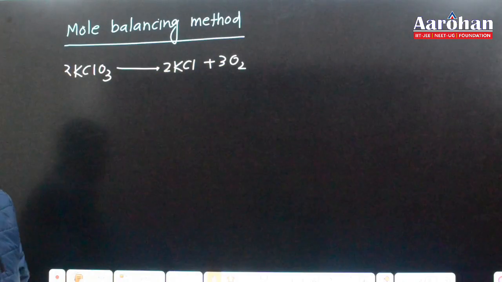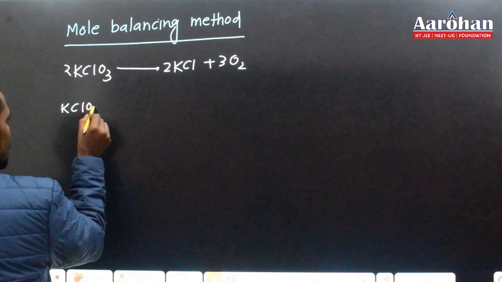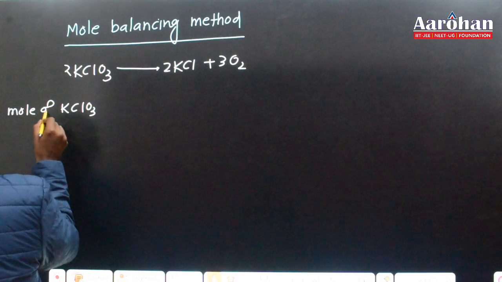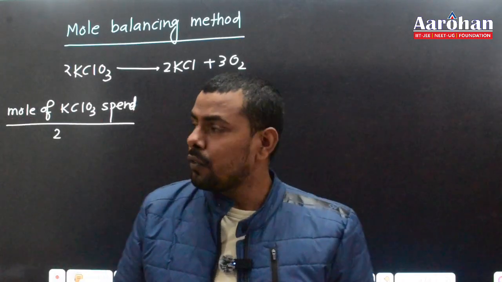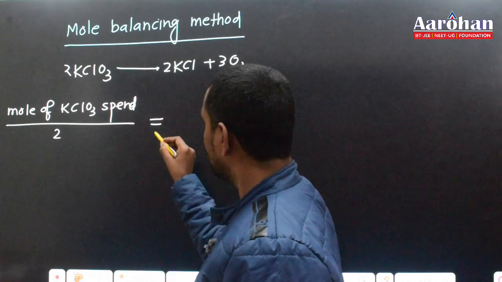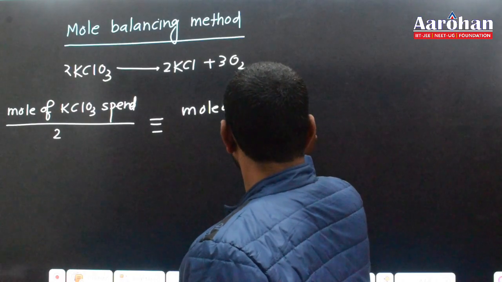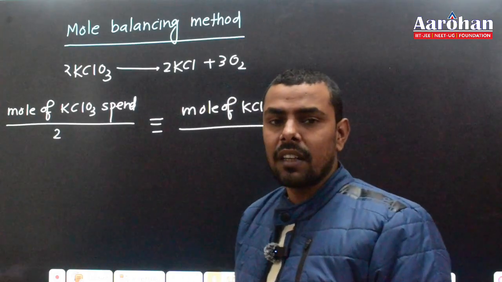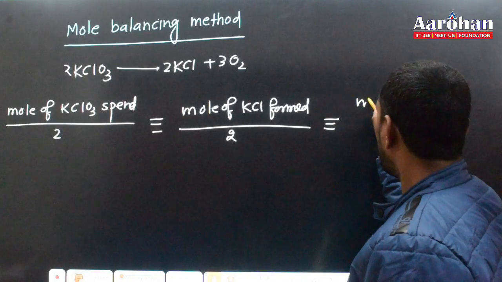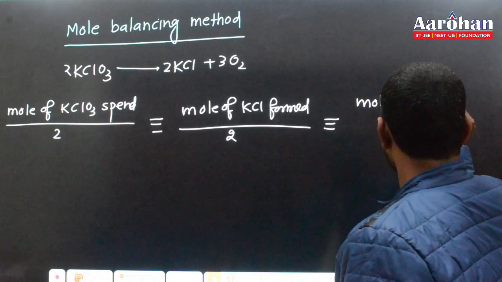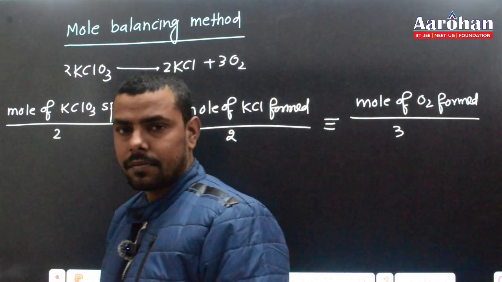According to the mole balancing method, moles of KClO3 spent divided by its stoichiometric coefficient, which is 2, equals moles of KCl formed divided by its stoichiometric coefficient, which is 2, equals moles of O2 formed divided by its stoichiometric coefficient, 3.